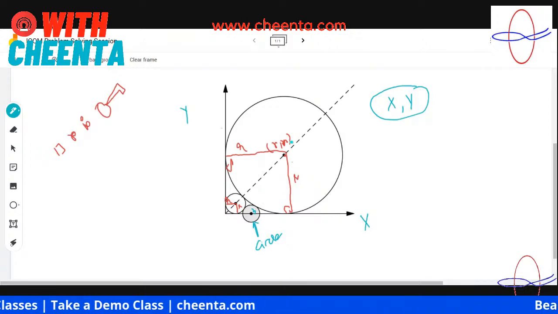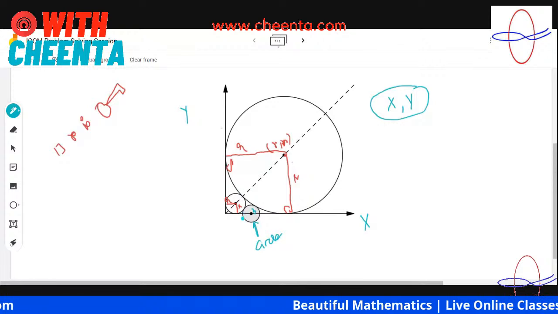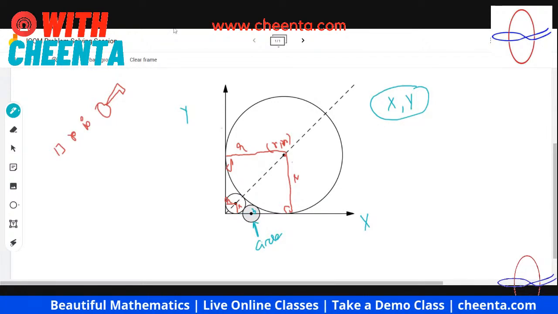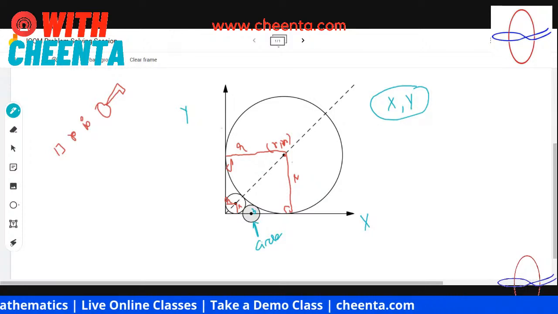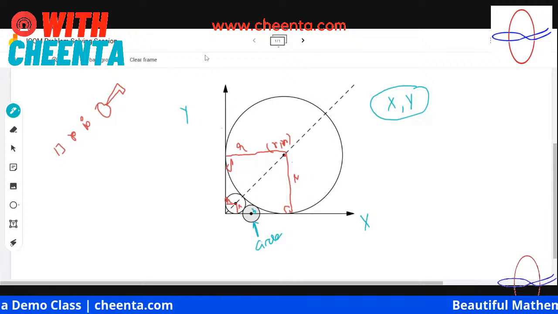Can someone tell me? Also, understand the steps that are going on here. Any doubts? The equation of tangent, that's okay, but what else?